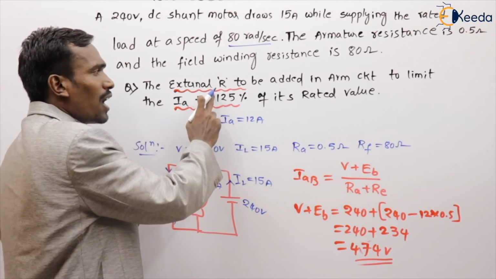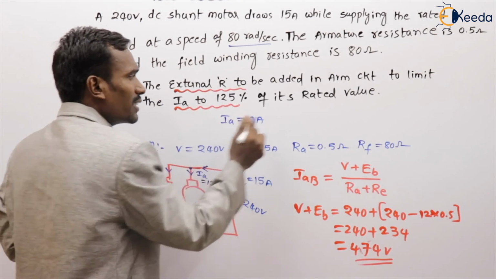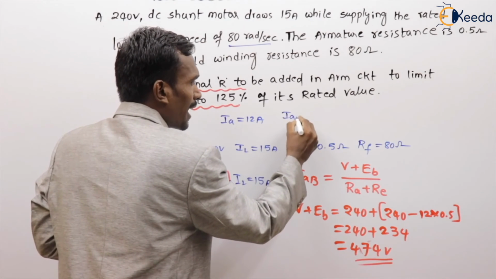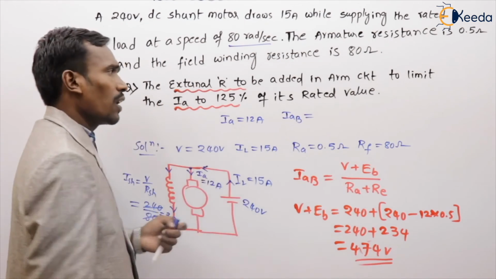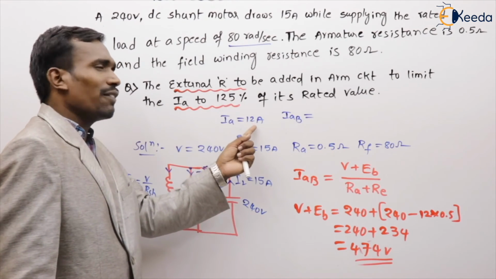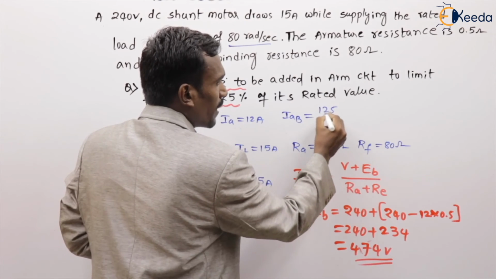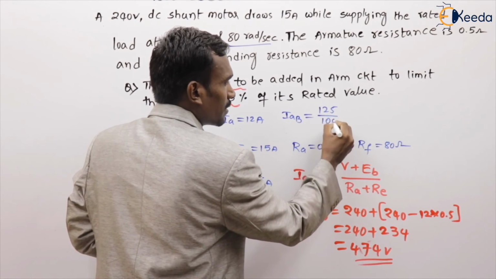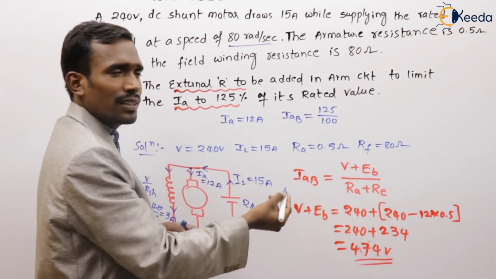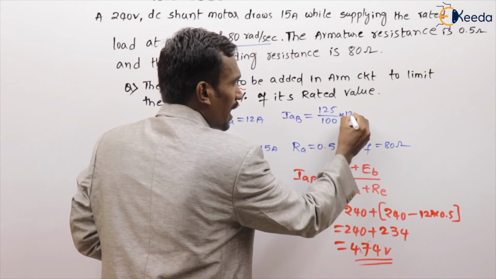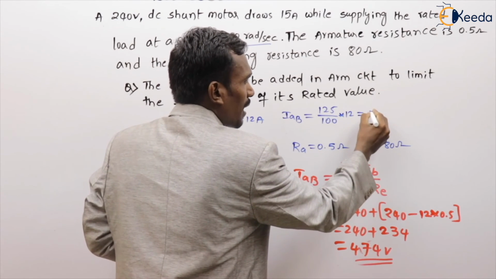But after plugging, this armature current, nothing but IAB, is 125% of the rated value.